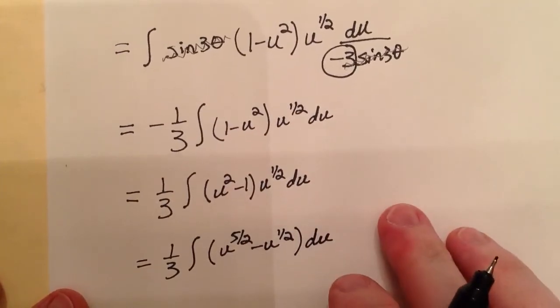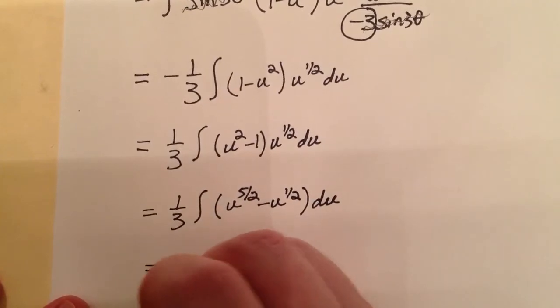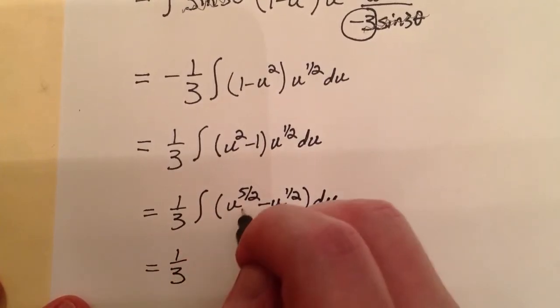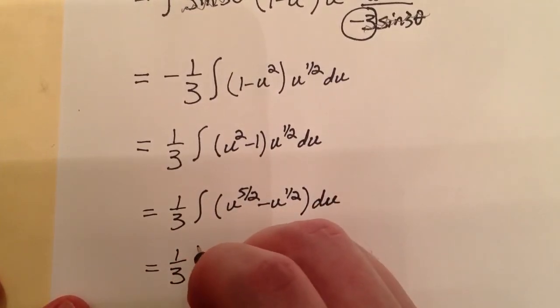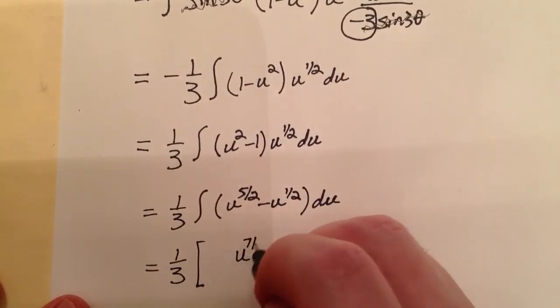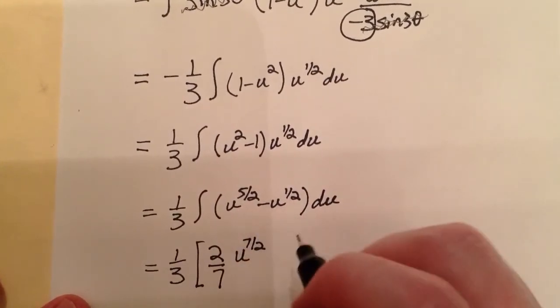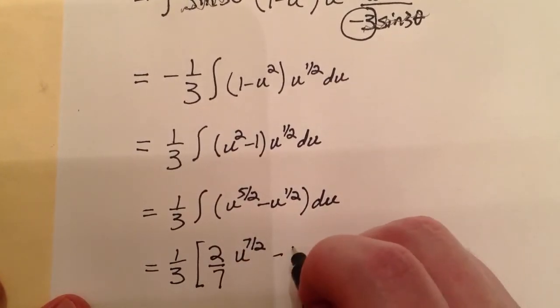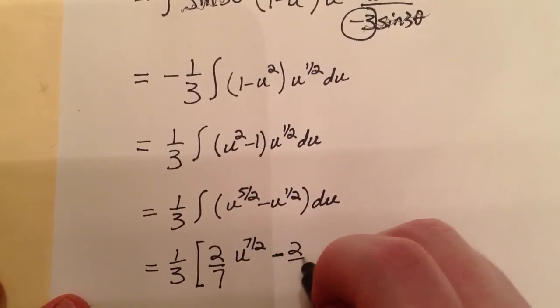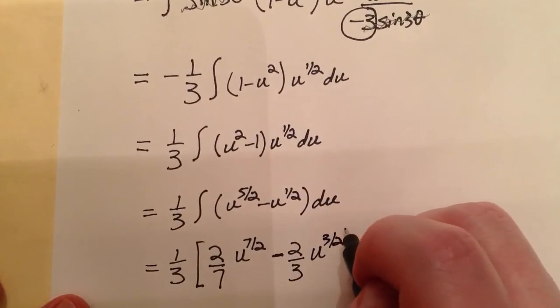du, and in the substitution variable, as we were looking at taking the antiderivatives for u to the 5 halves, we have u to the 7 halves. And do not forget the coefficient 2/7. And as for negative u to the 1 half, again we have minus 2/3 of u to the 3 halves.